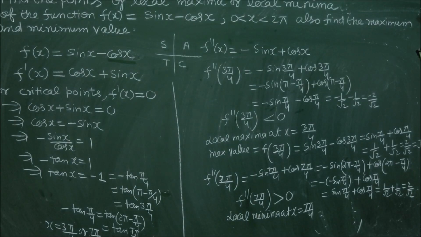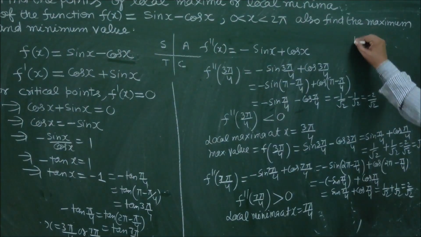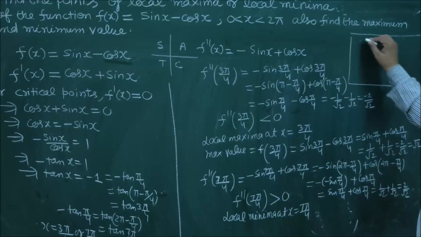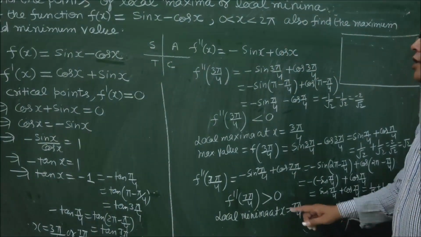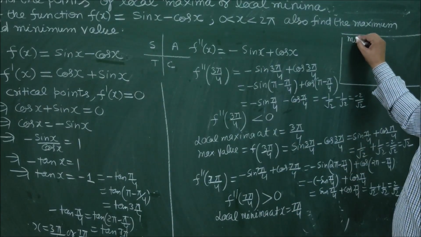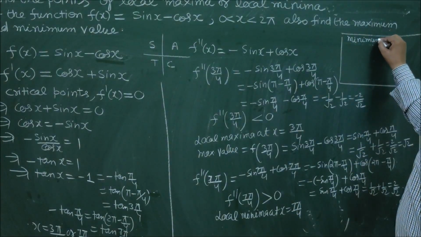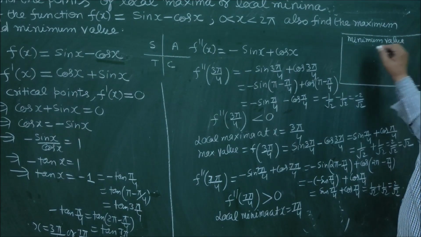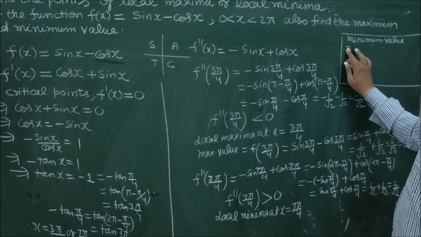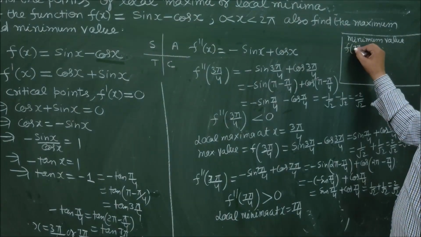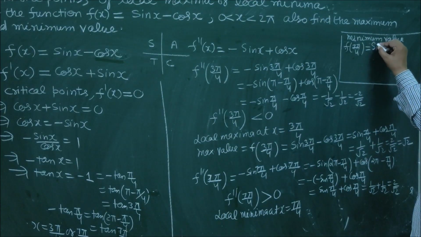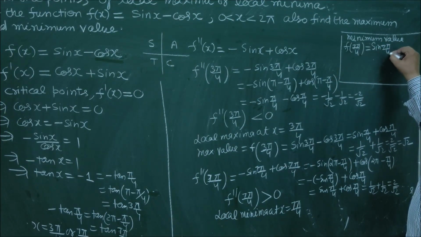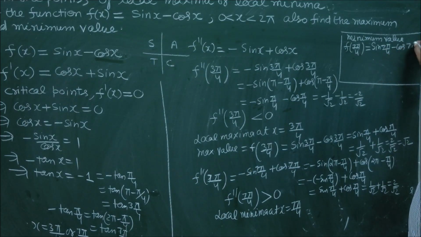Now if we want to find the minimum value, how can we find it? Minimum value can be obtained by putting the value of this angle in the function. So minimum value of the function is equal to f(7π/4), which is obtained by replacing x with 7π/4 in the function: sin 7π/4 minus cos 7π/4. Sin 7π/4 we have calculated.